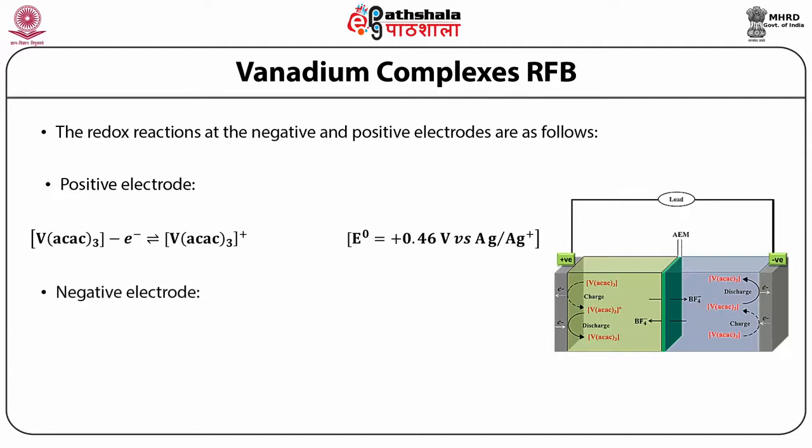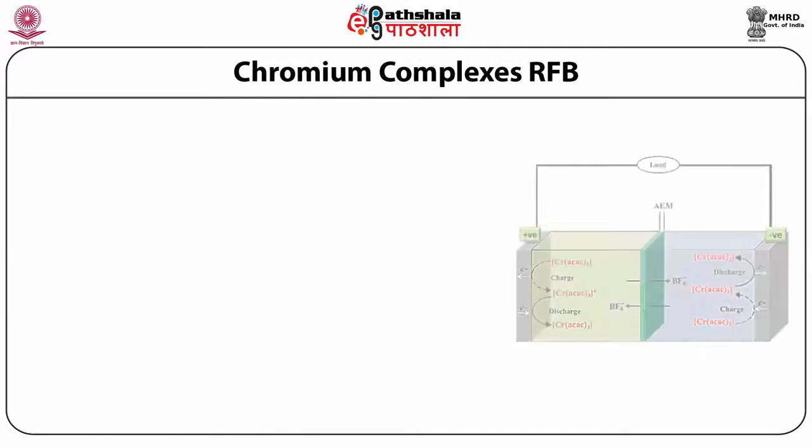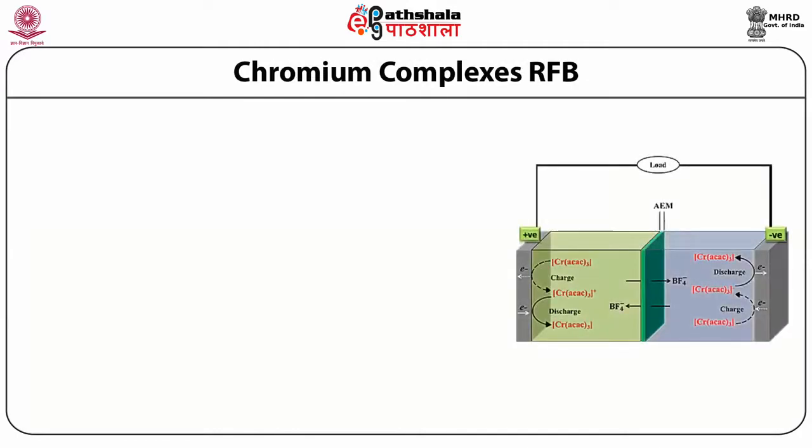At the negative electrode, V(acac)3 minus charges or discharges to give V(acac)3 plus 1 electron with E0 equal to minus 1.27 volts versus Ag+. Chromium complexes RFB.